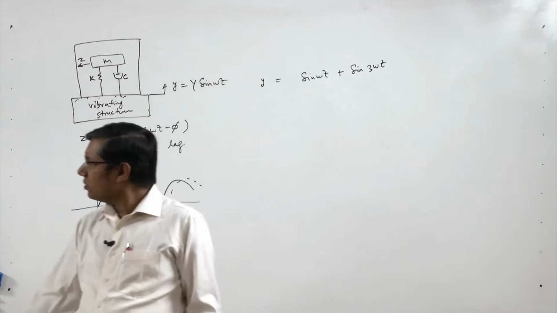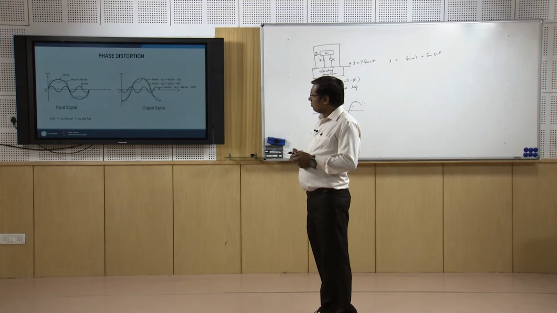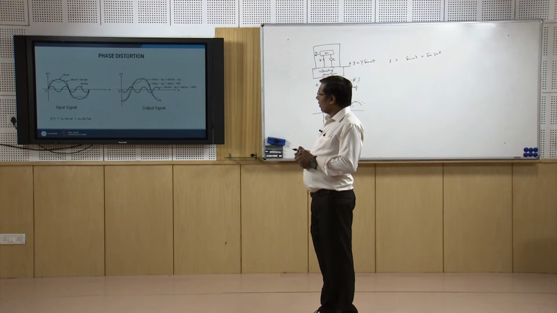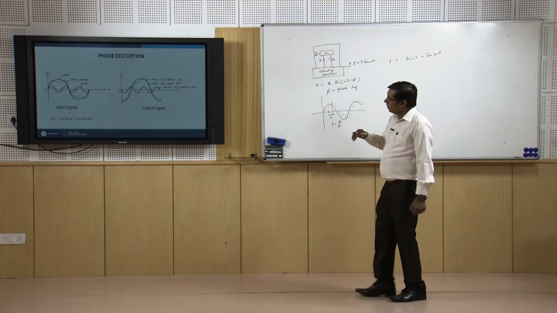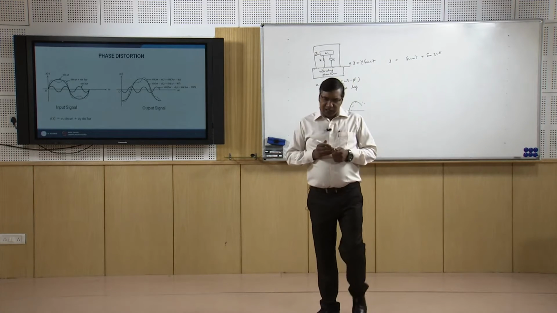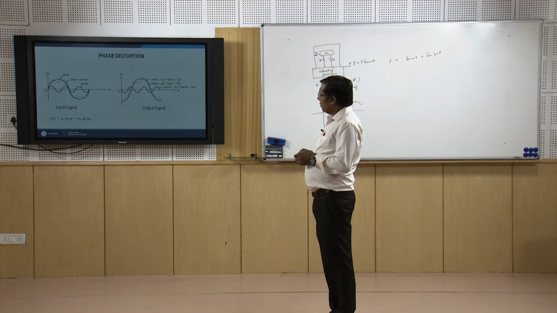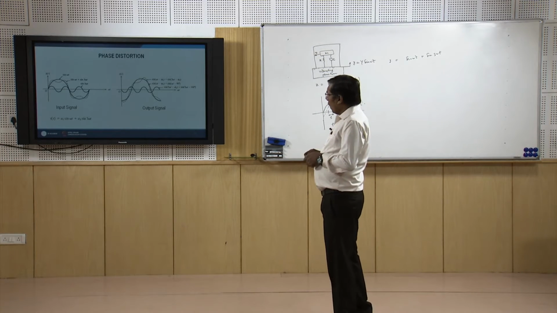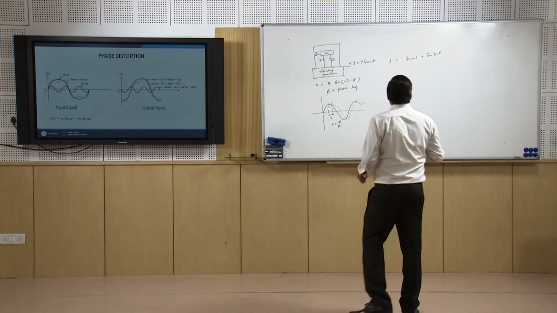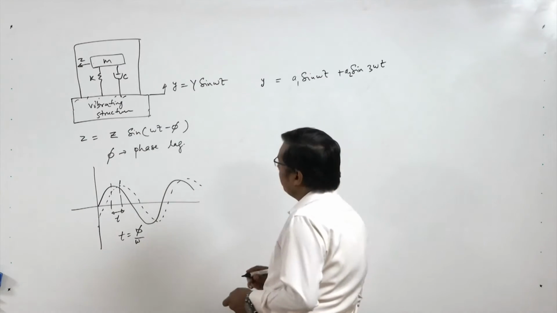There are two sine functions, and the combined signal is also starting from 0. So it is like a1 sine omega t plus a2 sine 3 omega t.